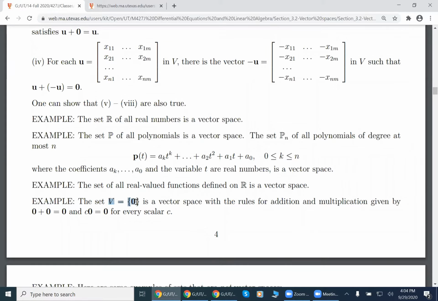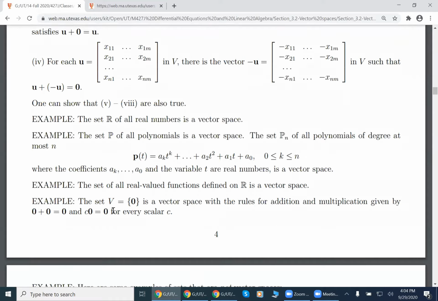Here, this is even a more general thing. By boldface 0, we mean an element that satisfies this and this. One can show that this is a vector space. In particular, if we consider the set that consists of one number, the number 0, this is a vector space.